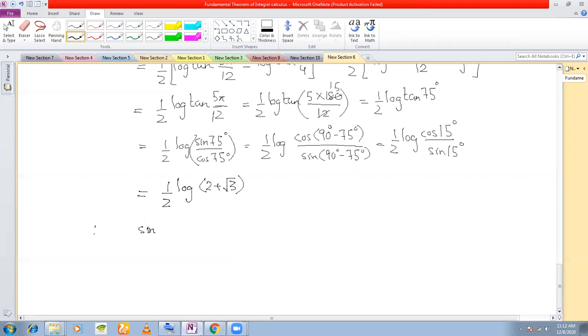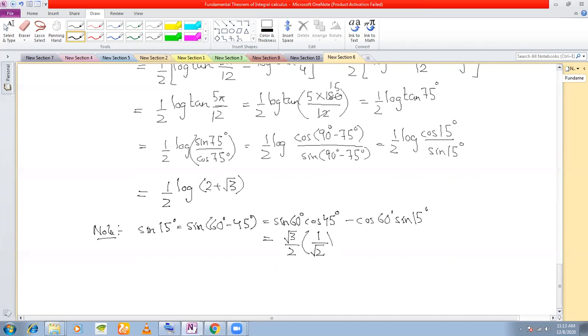Sine 15, remember, once again from class 11. Sine 15 is equal to sine of 60 minus 45, which is sine A cos B minus cos A sine B. So this is sine 60, root 3 by 2, into cos 45, which is 1 by root 2, minus cos 60, which is half, into sine 45, which is 1 by root 2.